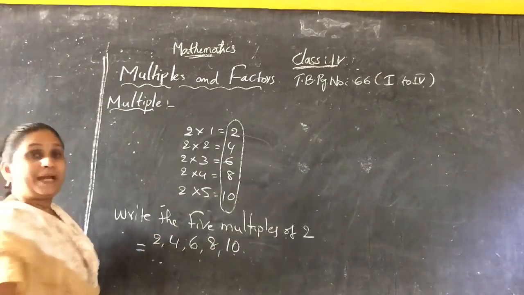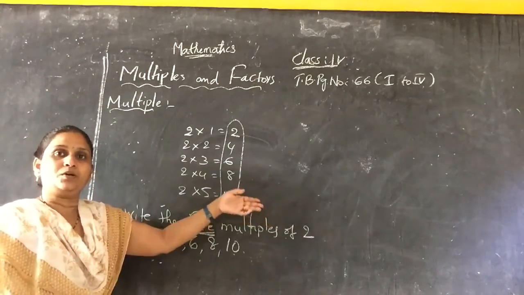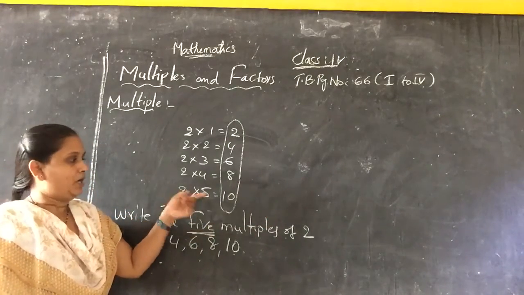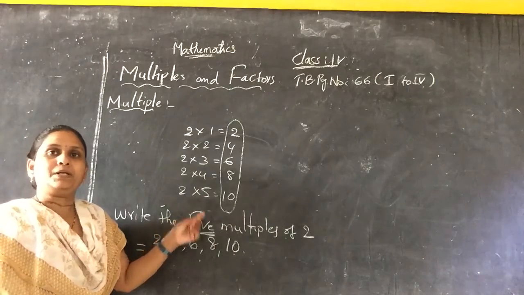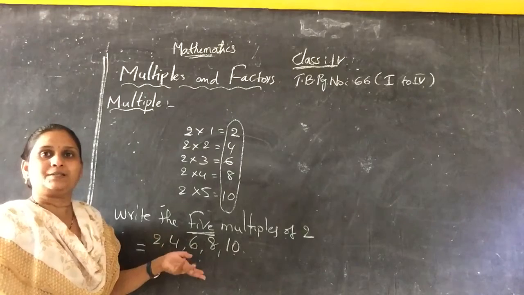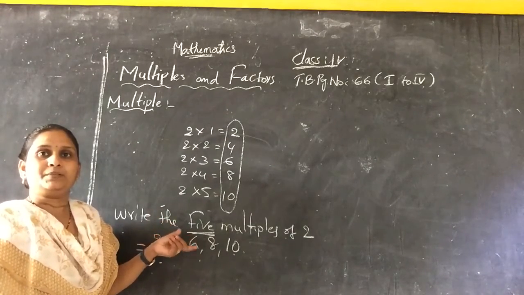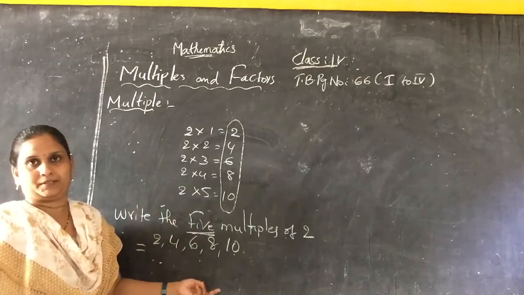If they ask you to write the multiples of 10, you have to continue the table till 10. Got it? So like that, the product we get by multiplying the two numbers will be the multiple of the given number.